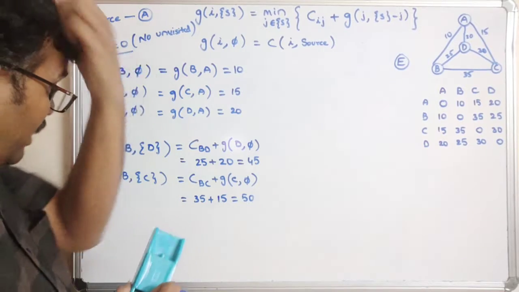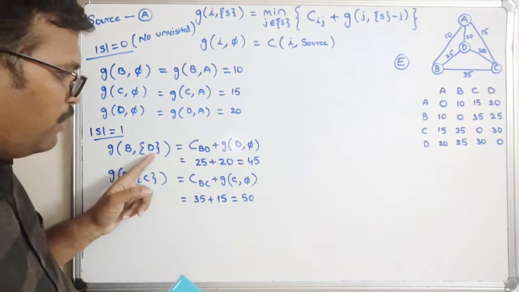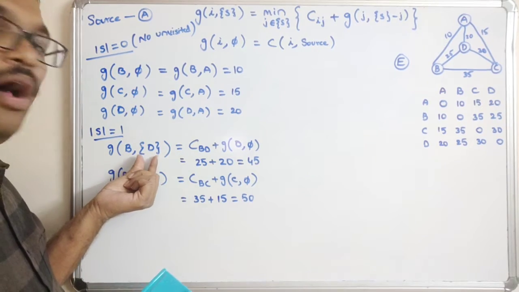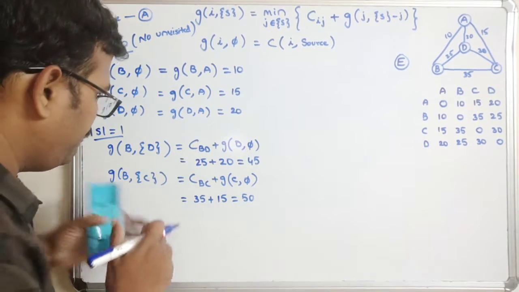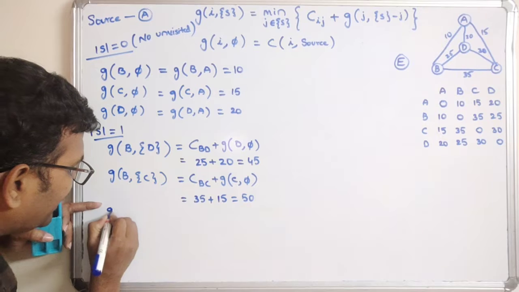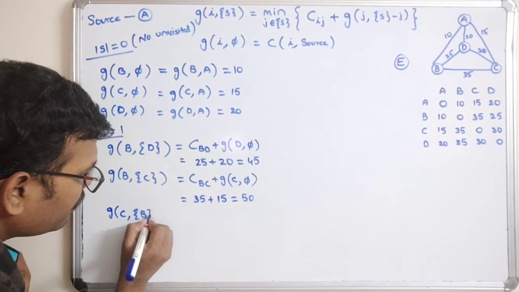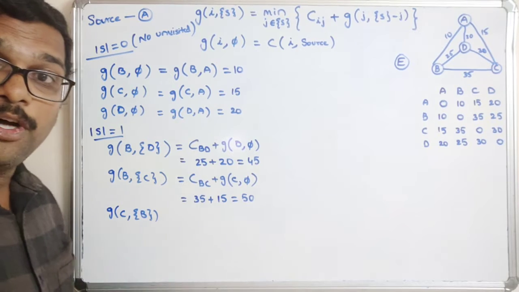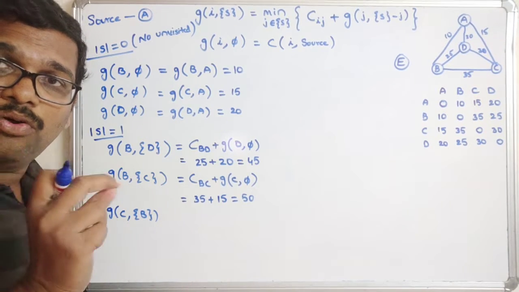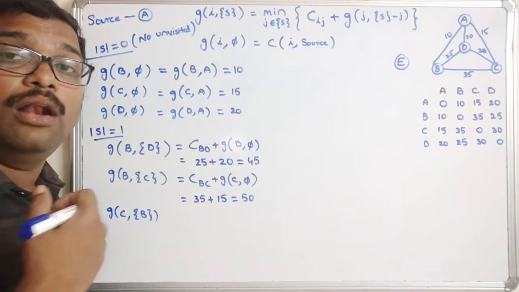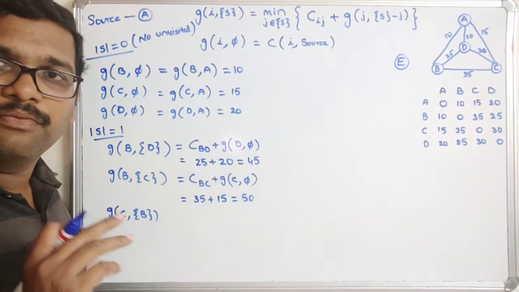So here we have taken B as a source and we are computing the cost between B and all unvisited vertices. See here, next change it, C to B. We can check the possibility if C is a node, and we have to check from C to all possible unvisited vertices.